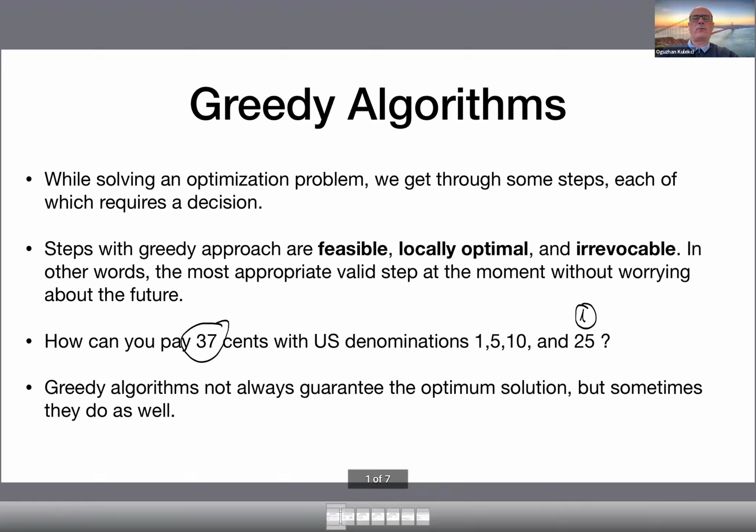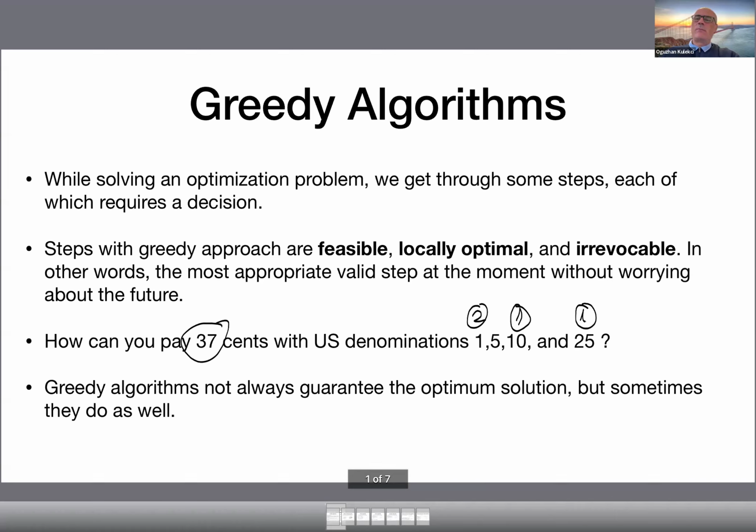Since 12 is greater than 10, I can cover it with a 10. What is left is 2, so 2 cents will cover it. So by using 4 denominations, 1 plus 1 plus 1 plus 1, you cover the 37 cents.